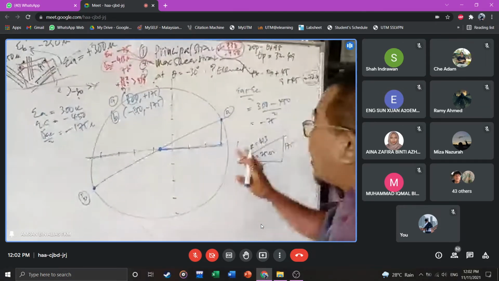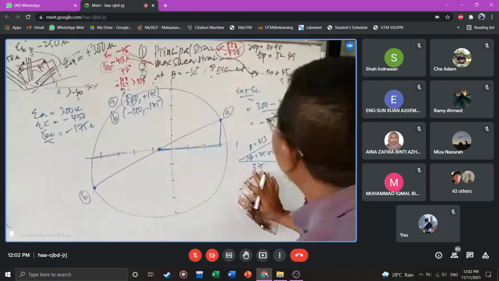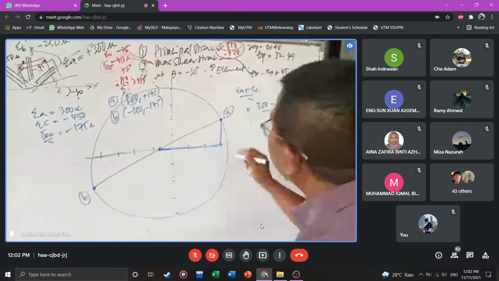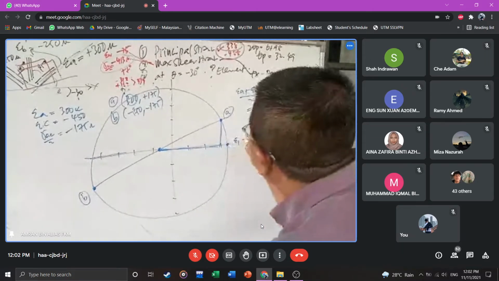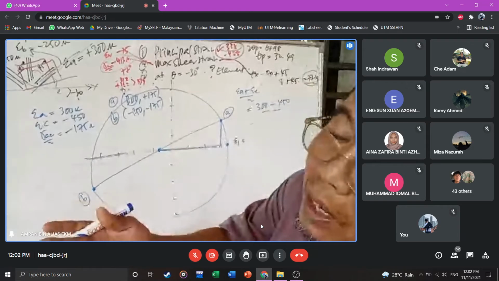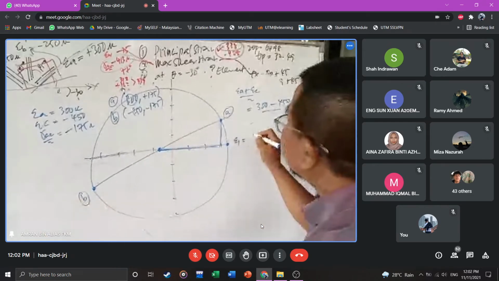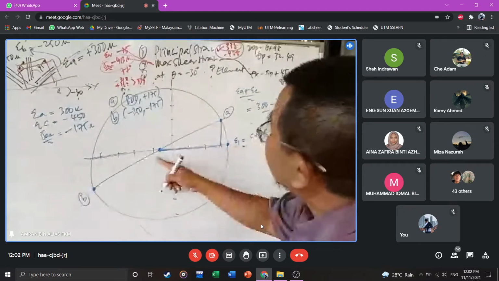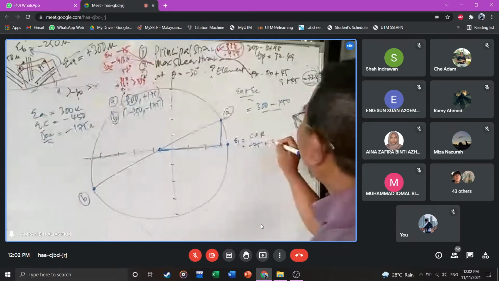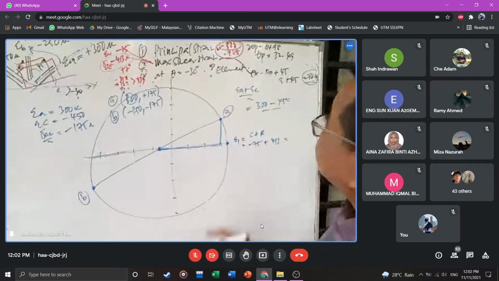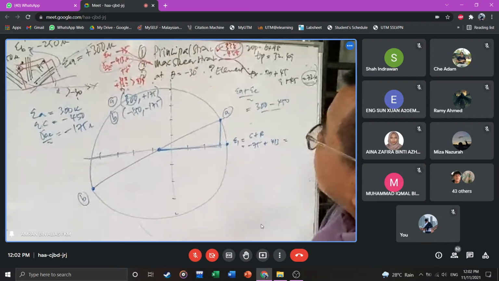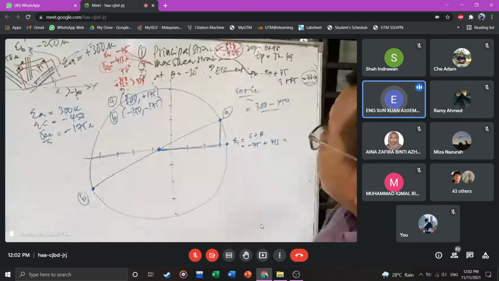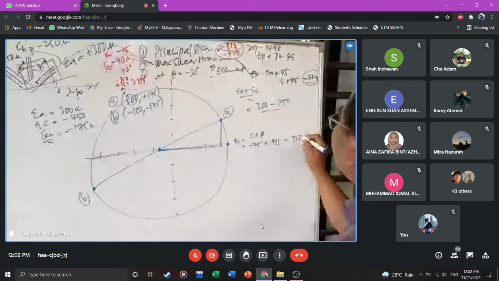413. So what is E1 there? Formula again, what is that? C plus R. Center plus radius. Your center is minus 75 plus 413. What is the value? 338.